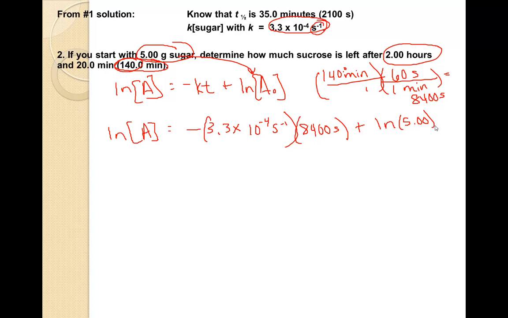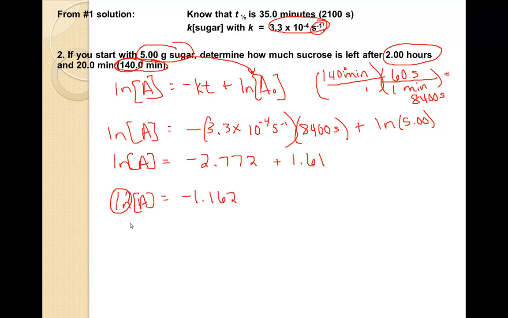Alright, so let's do some calculations here. ln of A is equal to, these two things multiplied together is negative 2.772. Plus ln of 5 is 1.61. Add those together, and it comes out to be negative 1.162. Now we need to get rid of that ln so we can get the A by itself.